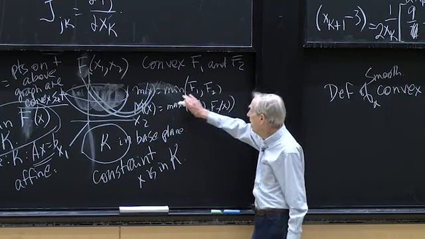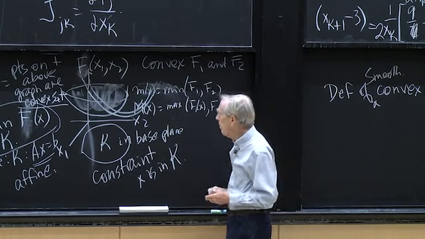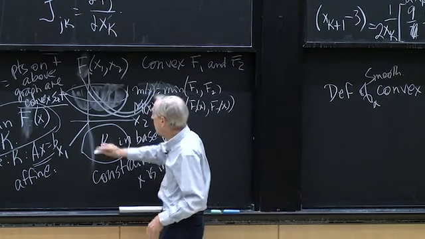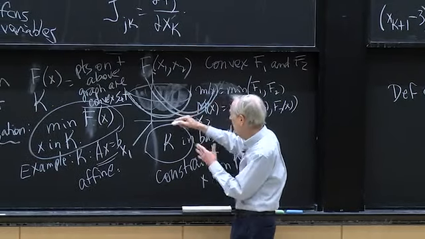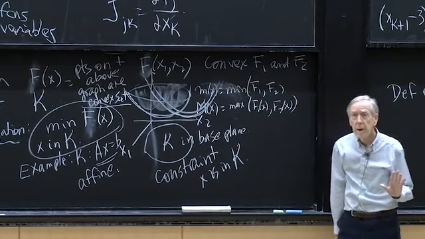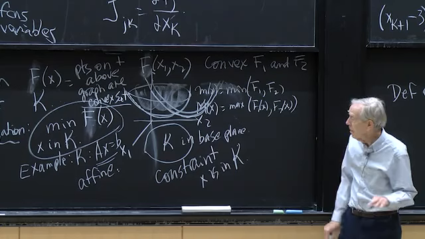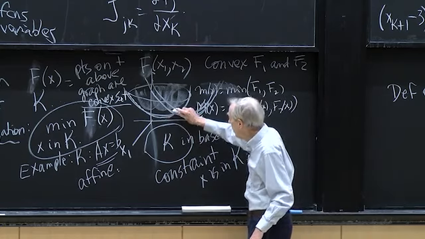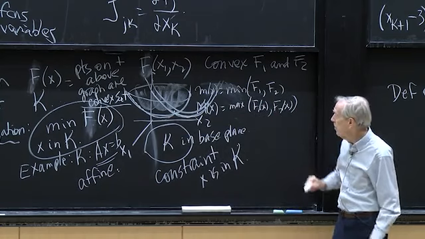What about the minimum? Is that a convex function? Just look at the graph. What does the minimum look like? The minimum is this guy until they meet somehow on some surface, and then this guy. Is that convex? Absolutely no. It's got this bad kink in it. What about the maximum of the two functions?